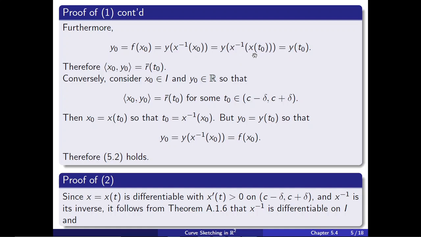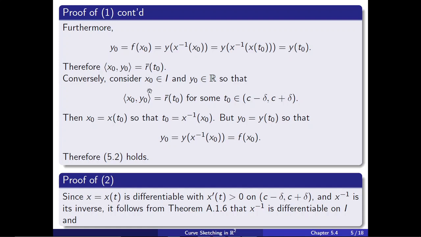The x inverse and the x will cancel each other out, and we get the identity function which maps t naught to t naught. So we get y of t naught in the end. So what this means is the vector x naught, y naught is just equal to r of t naught, right?